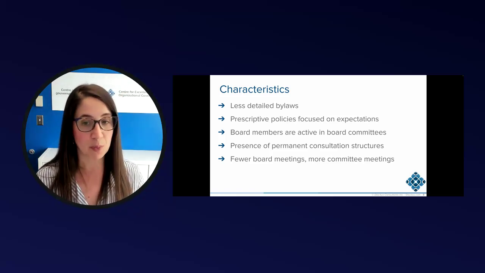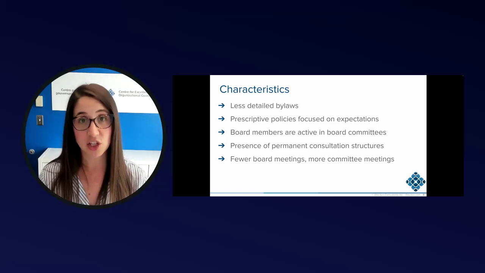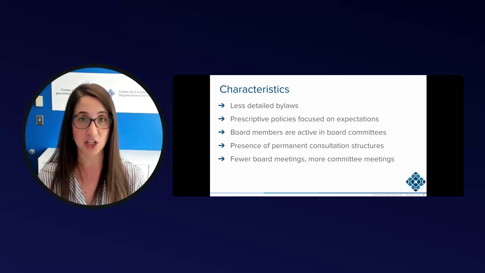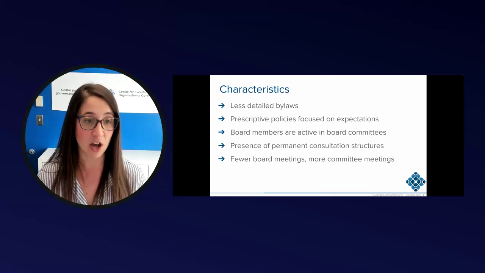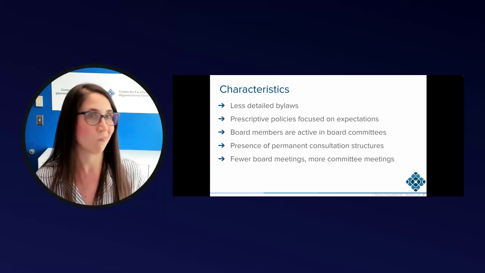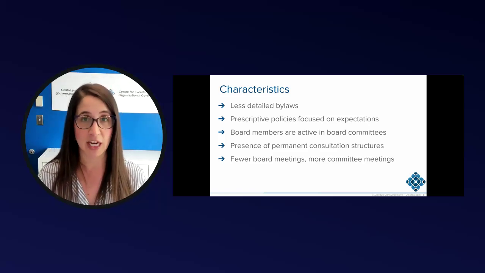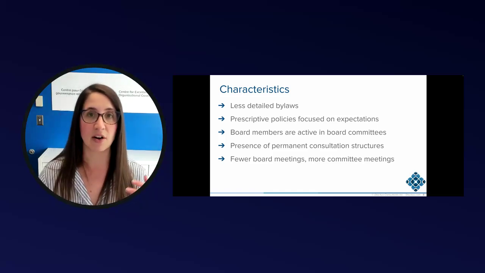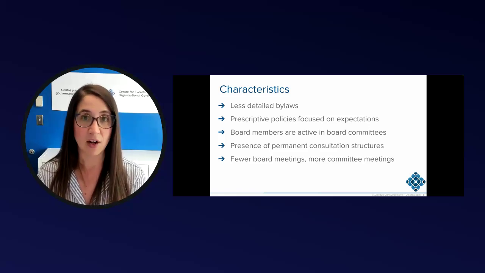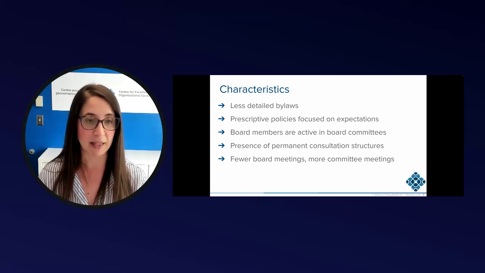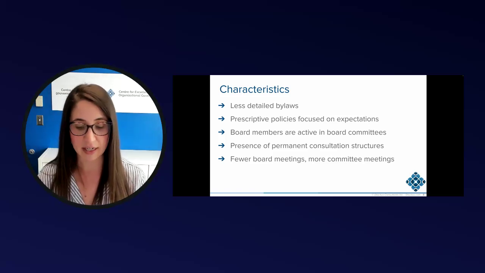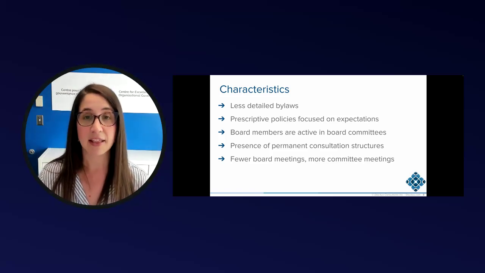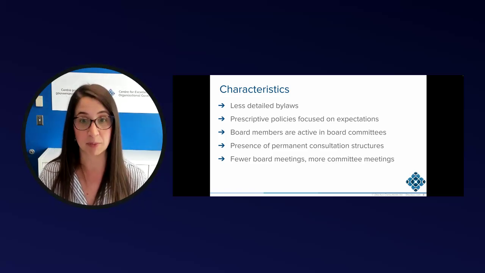These permanent consultation structures allow the organization to constantly have information around client beneficiary satisfaction, employee satisfaction, partner satisfaction. Also, what are the main trends in our sector, and what are the needs that are maybe not being met? So another characteristic of an organization that has this governance model is the presence of permanent consultation structures.